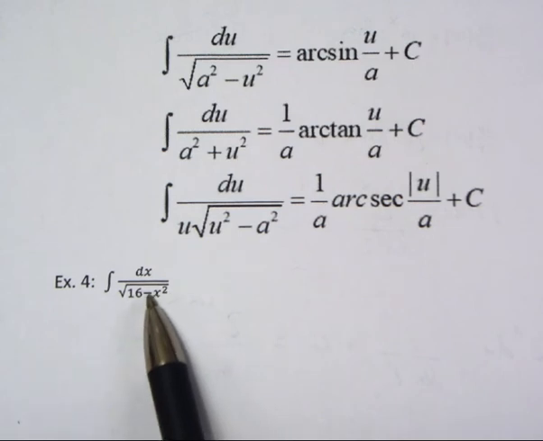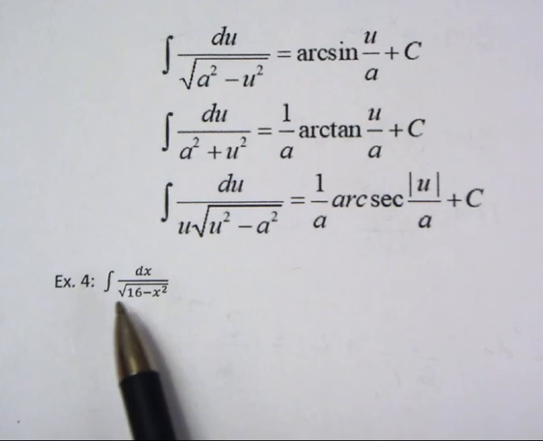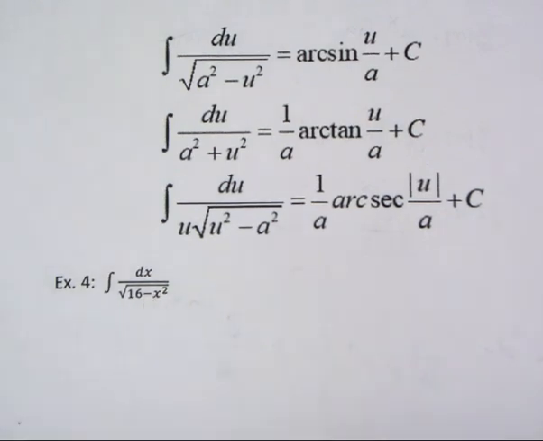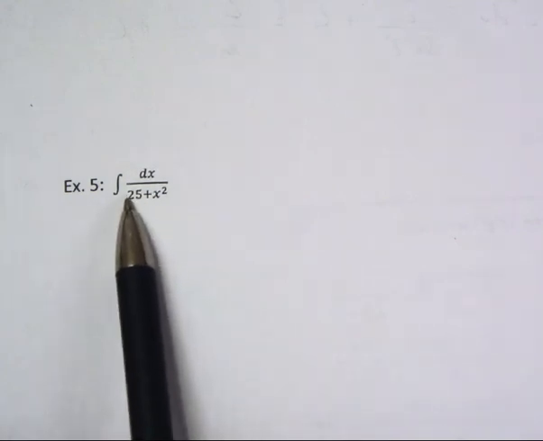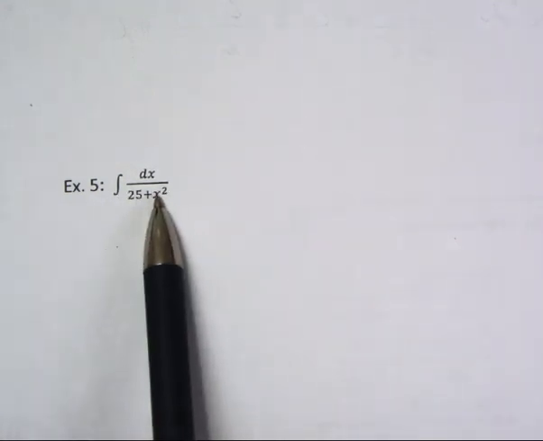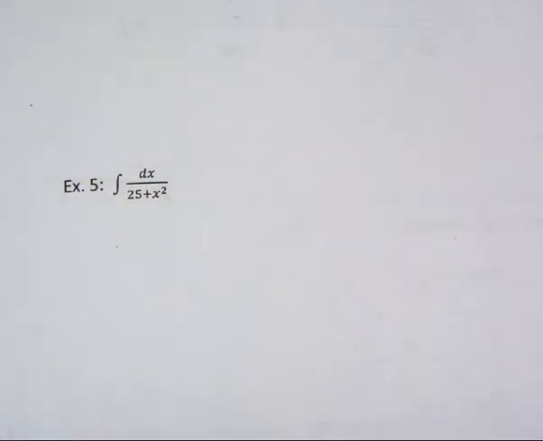Well, then the derivative is negative 2x, and there is no other x term anywhere. So u substitution doesn't work on this. Same thing down here on example 5. Students will look at this and say, if I have this whole denominator be u, well, then the derivative is 2x, and there is no x term. U substitution doesn't work.